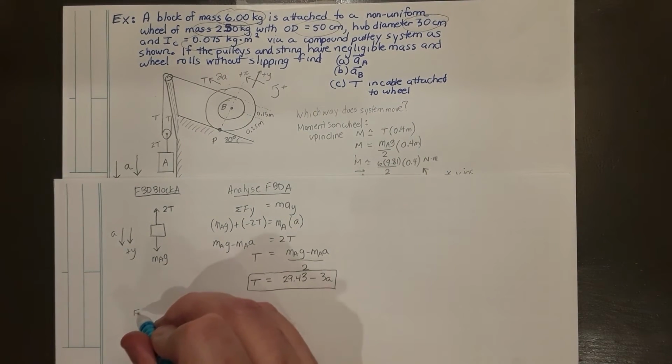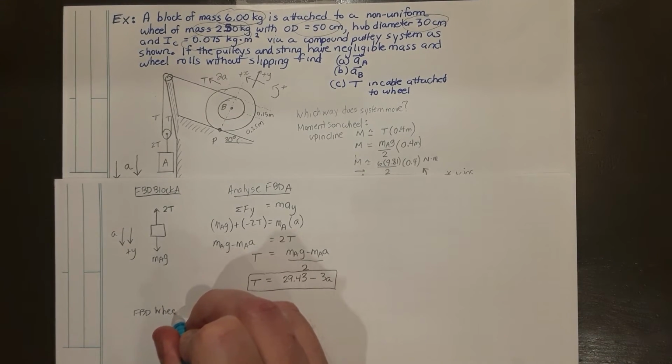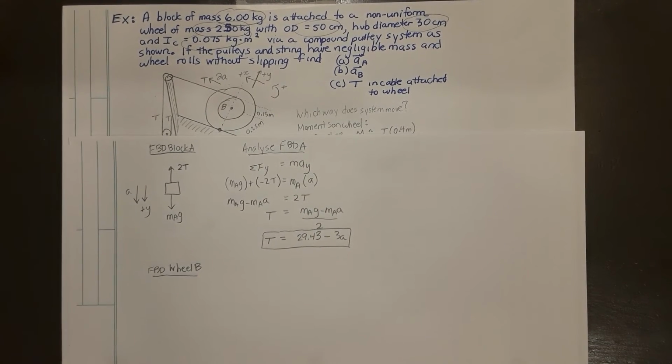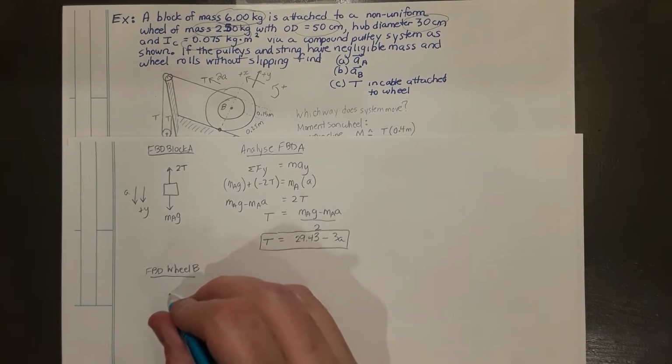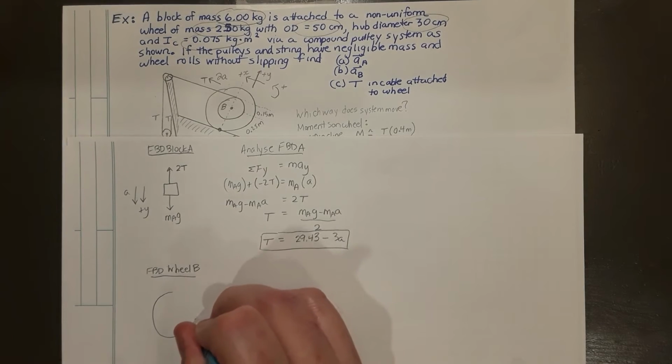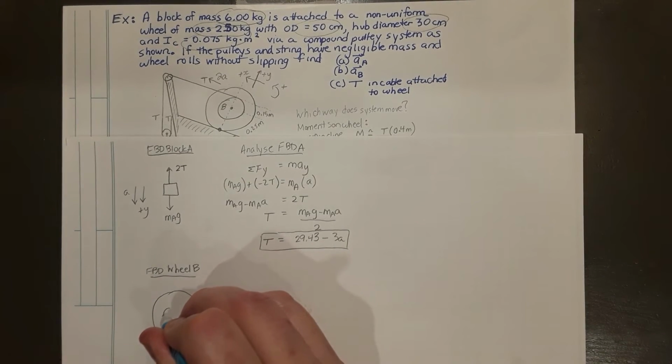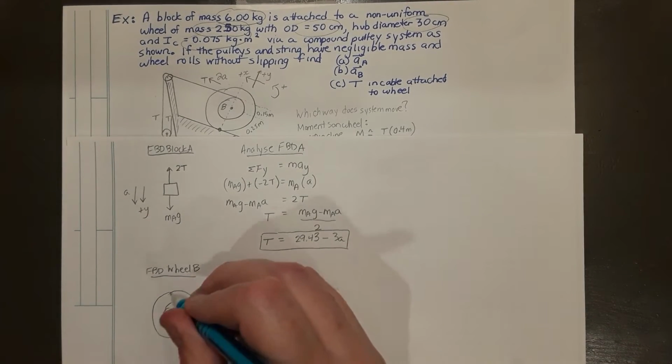If I draw the free body diagram of wheel B. So if we look at wheel B, it has both a wheel and a hub.